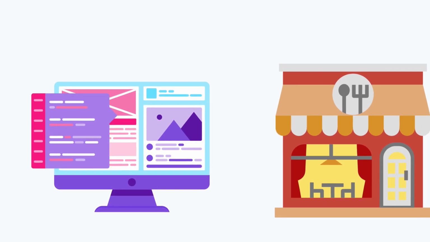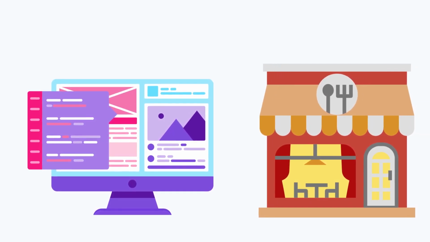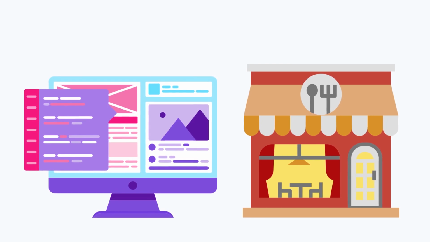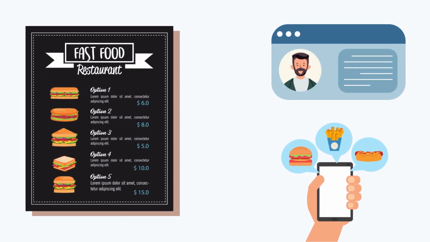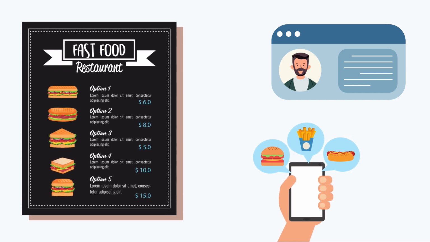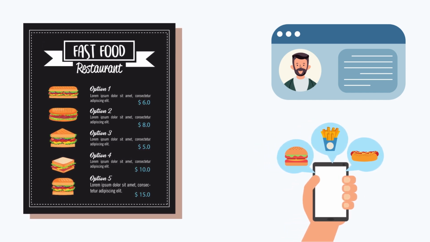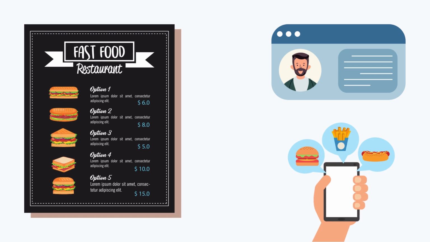A website for a new restaurant might use wireframes to show how the menu will be organized, where the contact information will be displayed, and how users can order the food.